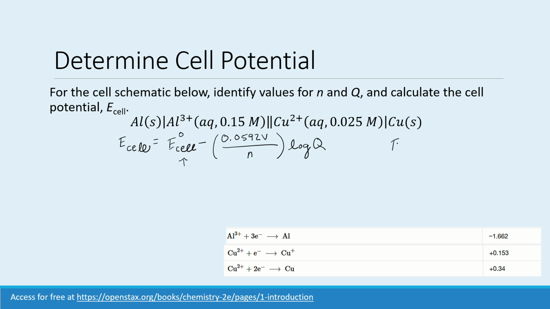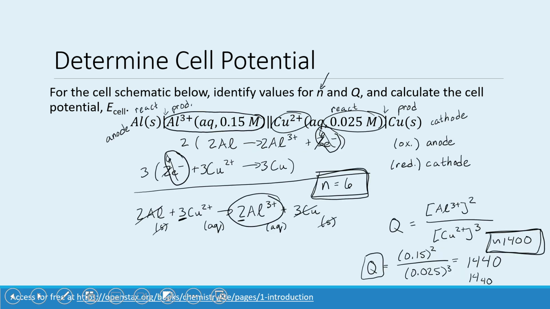And so to find that standard cell potential, of course, we need to do the equation where we've got E standard is equal to the cathode minus the cell potential of the anode. Okay, and we've determined that already, right?